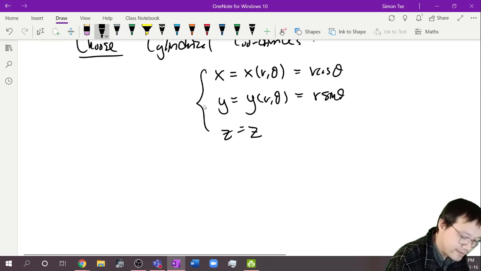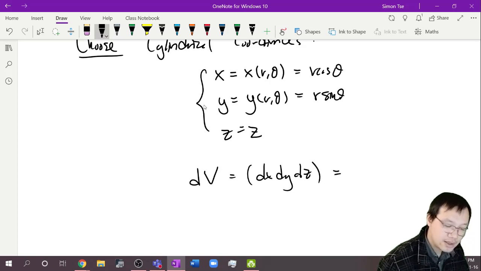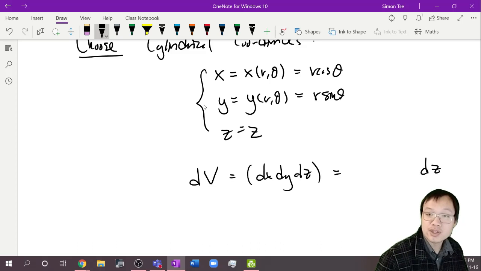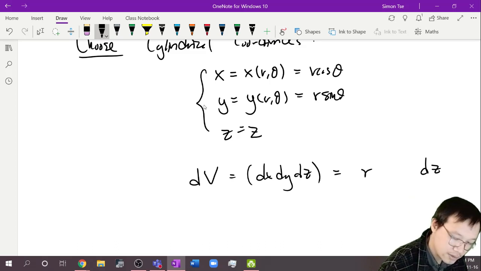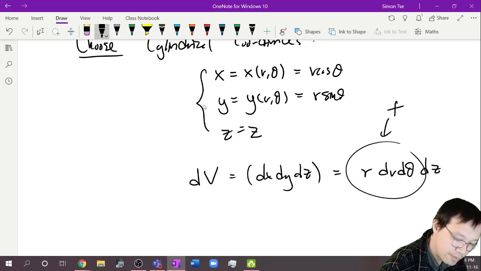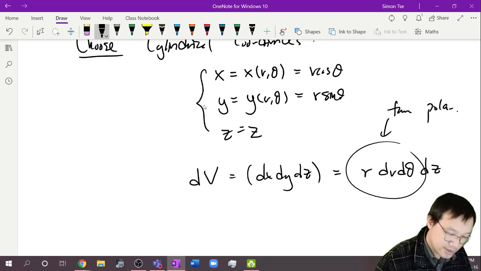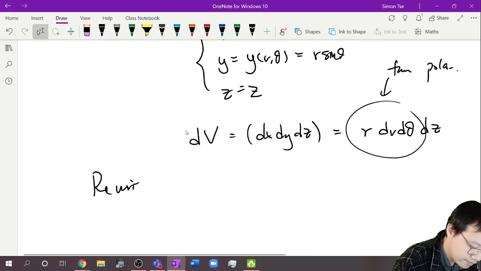And let's write that in advance. The dV, which was originally dx dy dz, you keep the dz, but the dx dy will convert to dr d theta with a Jacobian of r, just like before. So this is the new stuff from polar. Okay, so with this, let's rewrite the function.